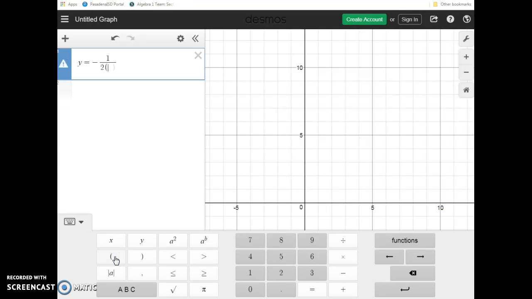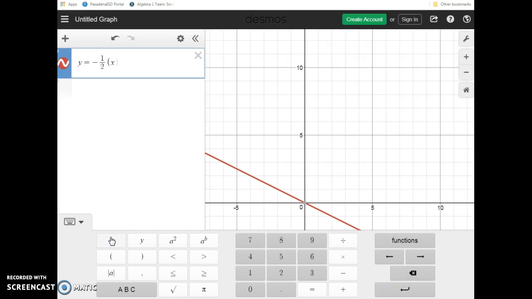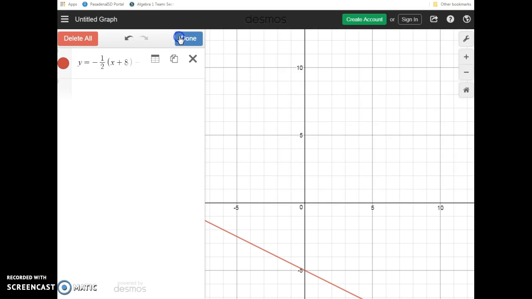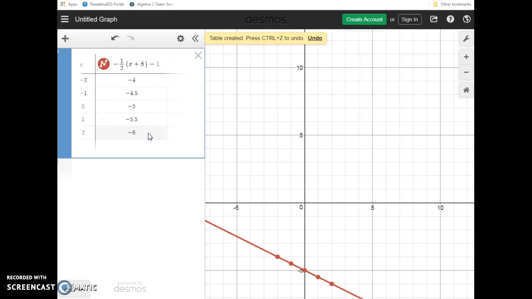Parentheses, I think I typed the other one wrong too, but hold on. X plus 8, close parentheses, minus 1. Settings table. 2 doesn't give me 4. I think I typed the other one wrong.